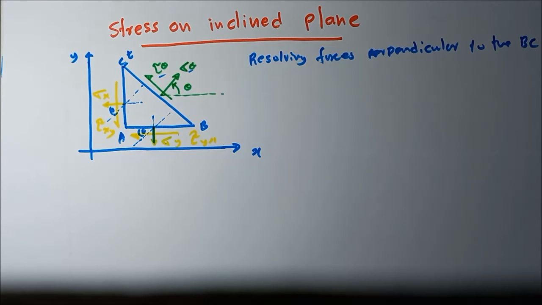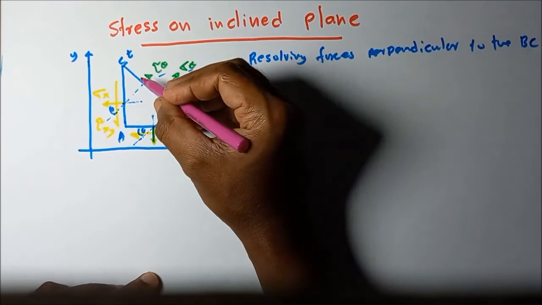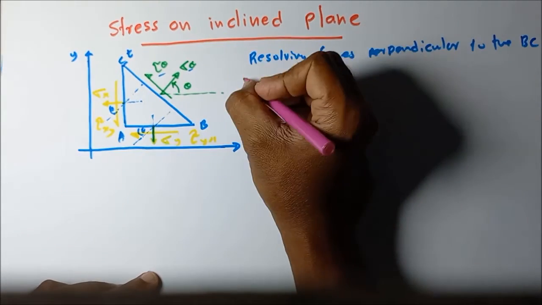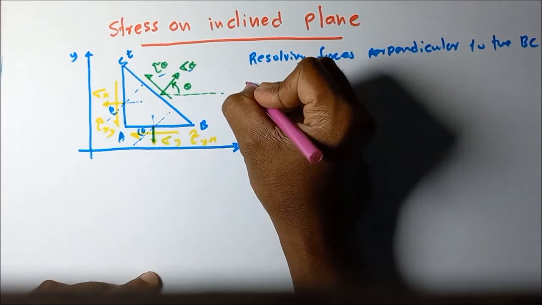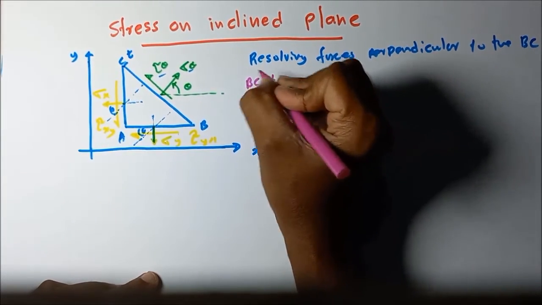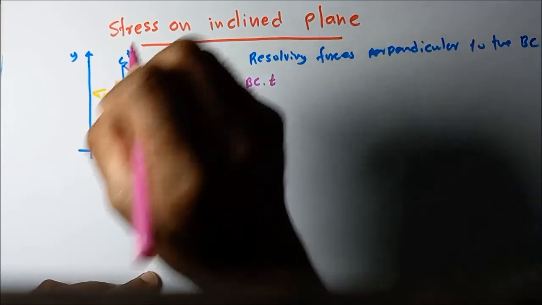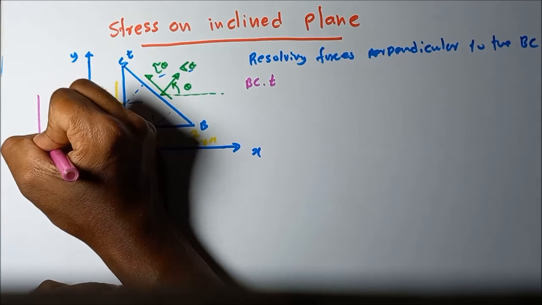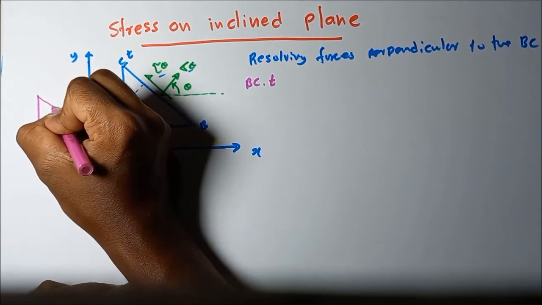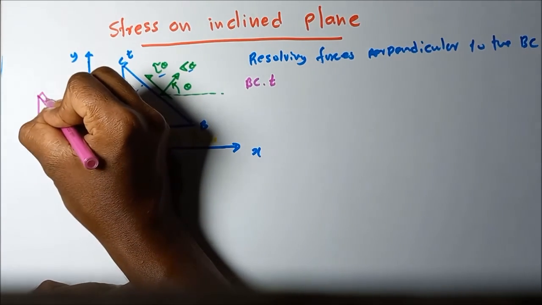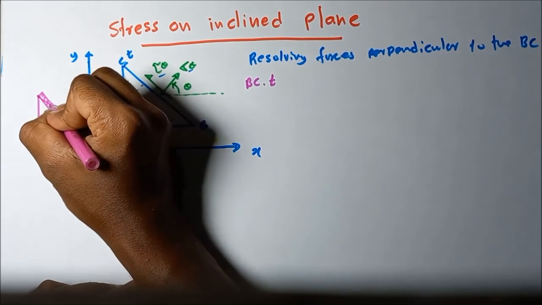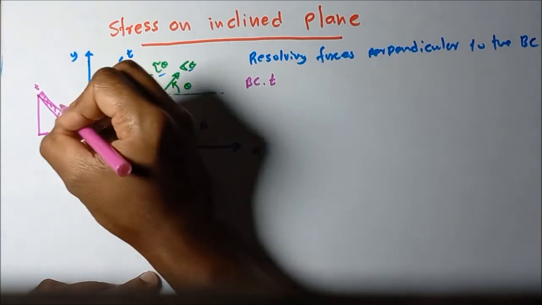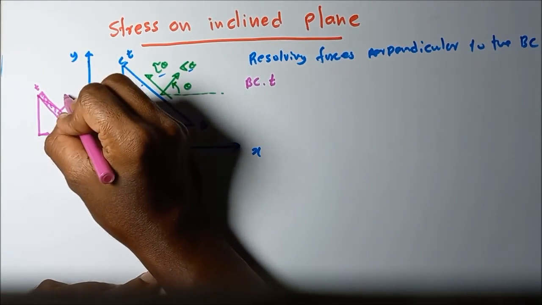Then let's resolve the forces. What is the force acting on the BC plane due to sigma theta? Area times stress. What is the area? BC times the thickness of the considered element, T. Sigma theta acts normal to the plane, so the force is BC times T times sigma theta.